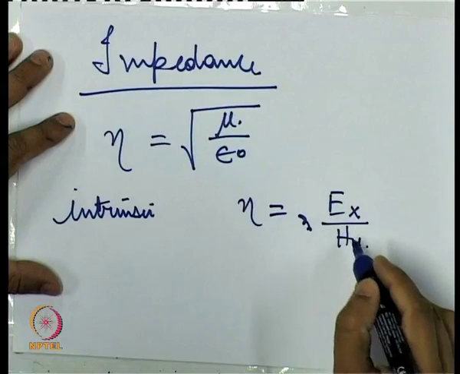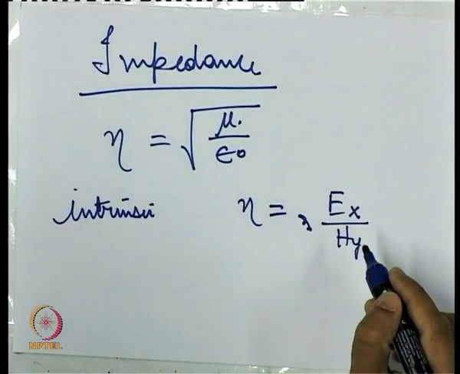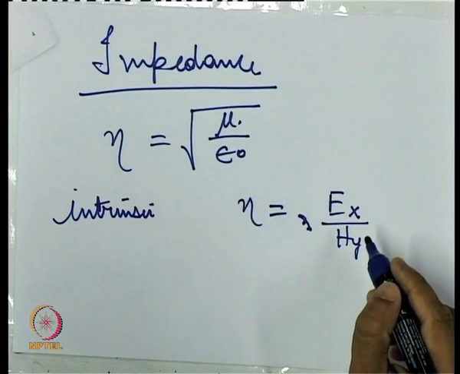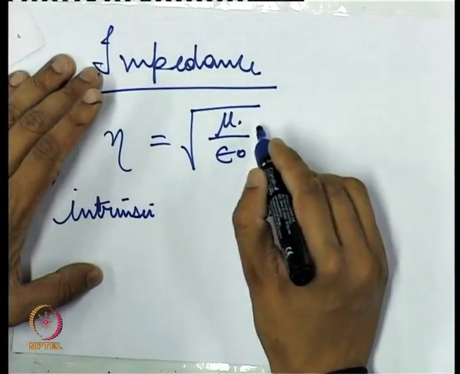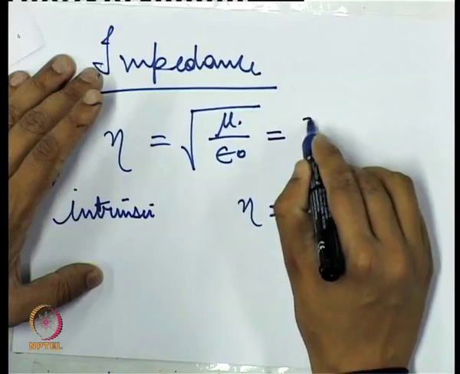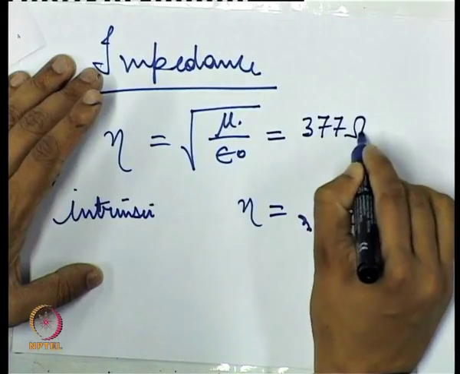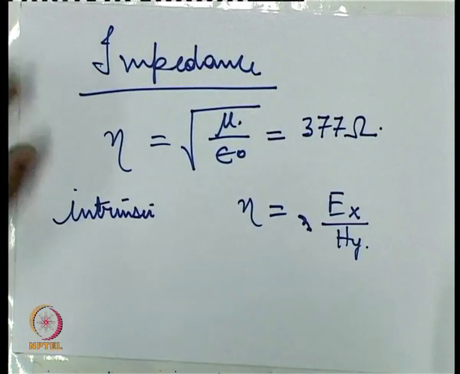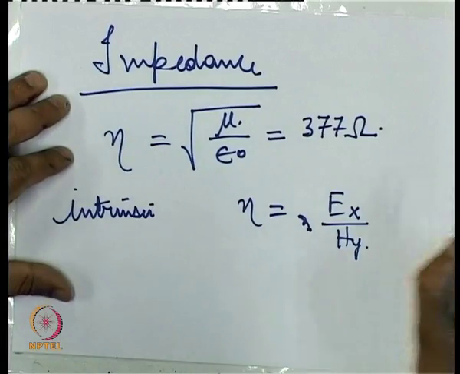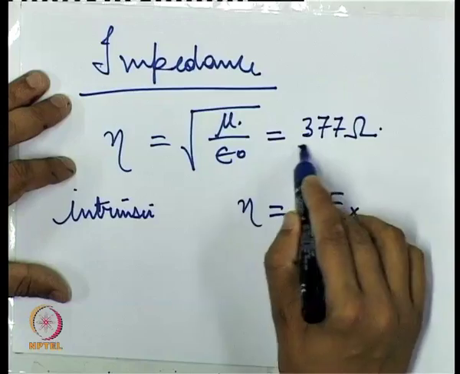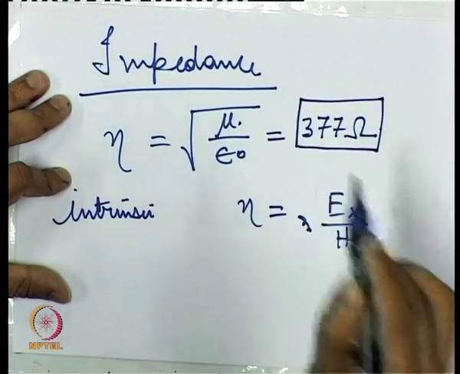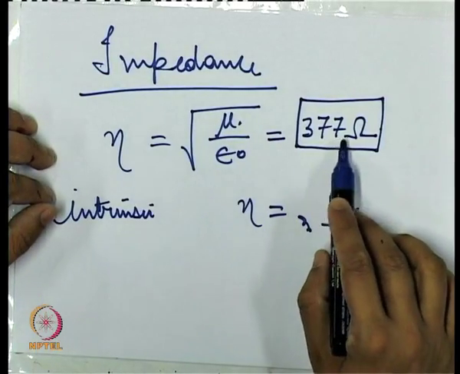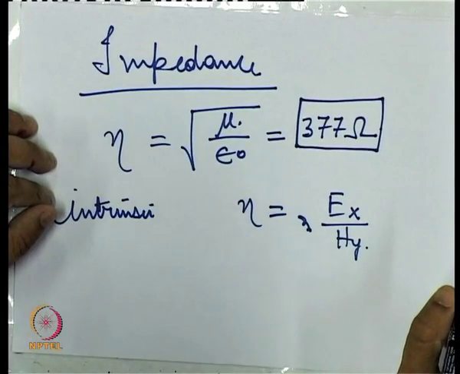Here, instead of voltage divided by current, we have Ex divided by Hy, which is also an effective way of expressing impedance. For air, this intrinsic impedance comes out to be 377 ohms. That is why antennas, often considered an interface between air and a waveguide, have to be designed to produce an impedance matching of 377 ohms.